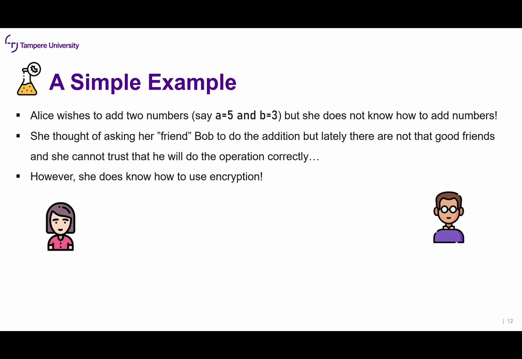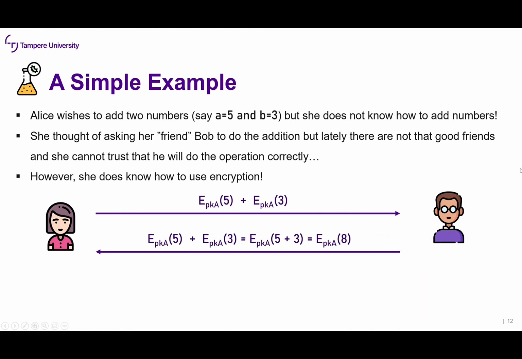So what she can do is encrypt the two numbers with her public key, pk of A. She encrypts 5 with pk of A, and then 3 with pk of A, and sends these to Bob.